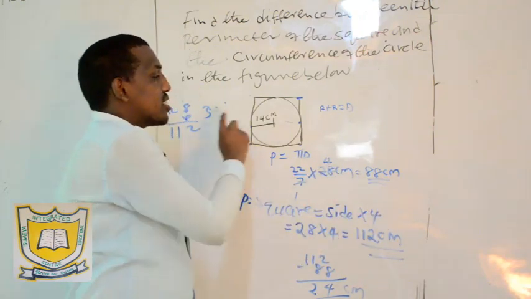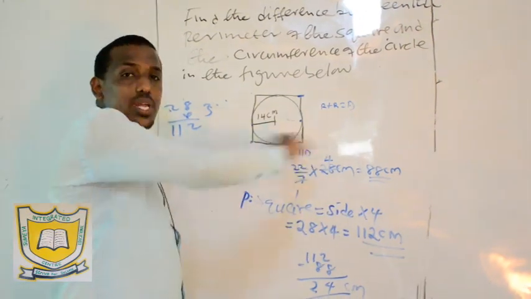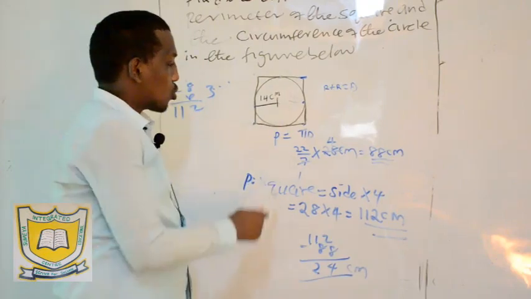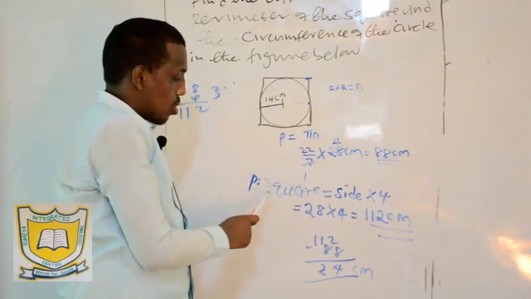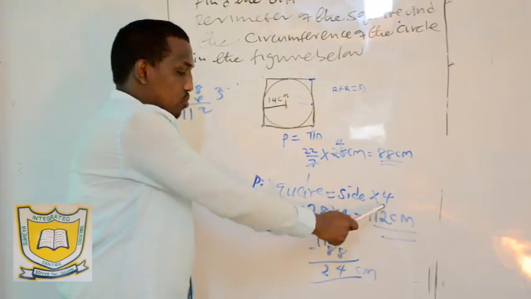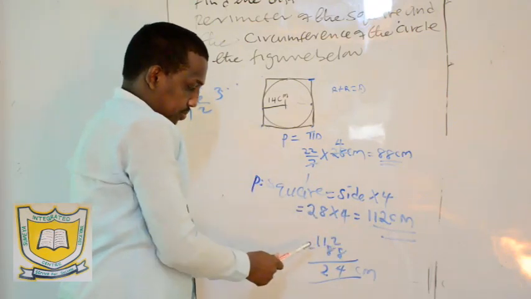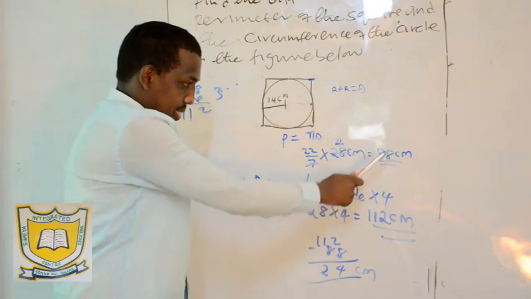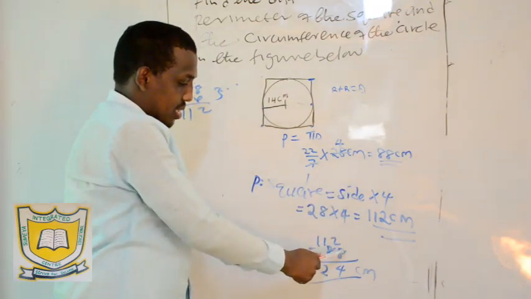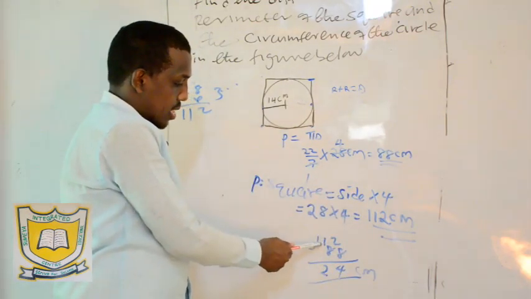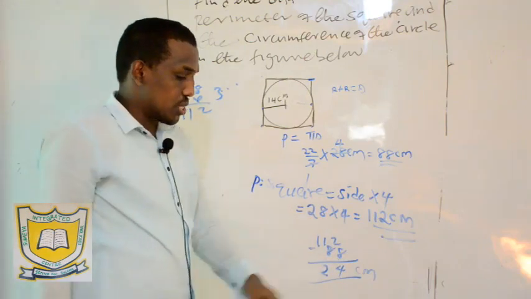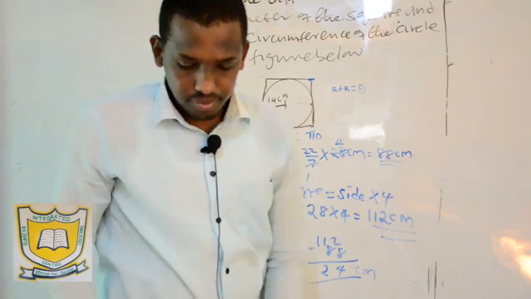What is remaining is the square. The length of the square is equal to the diameter of the circle, so the side is 28. Perimeter of a square is equal to side times 4. 28 times 4, you get 112. Then you subtract 112 minus 88. 12 minus 8 is 4. Here remains 10. 10 minus 8 is 2, so 24 centimeter. That's how we get the difference.